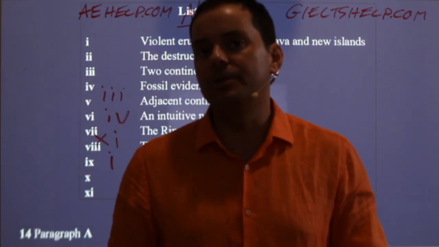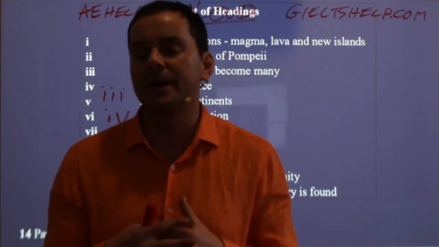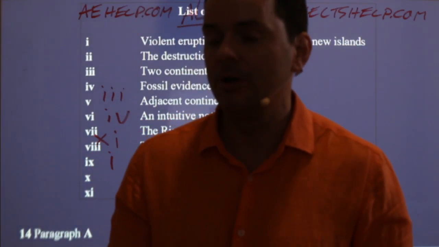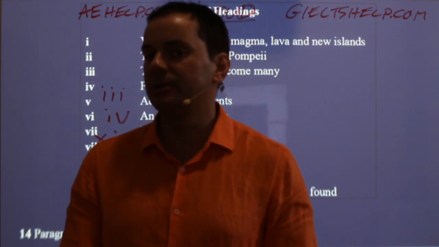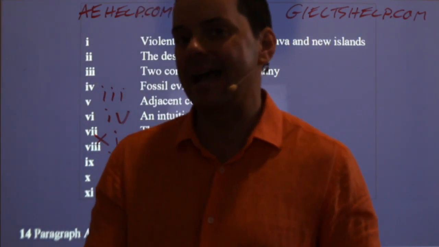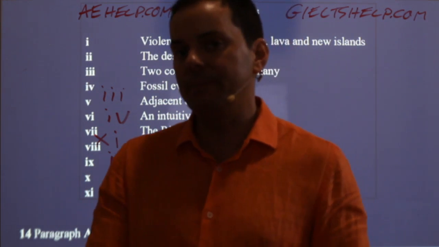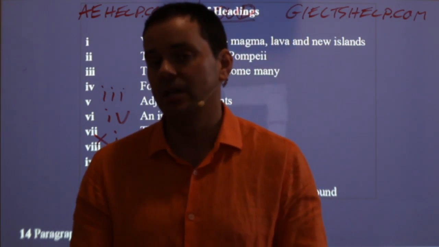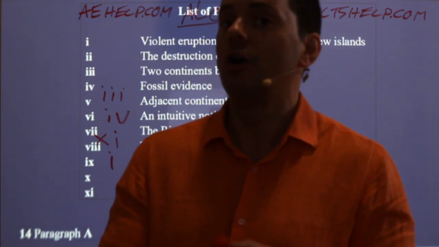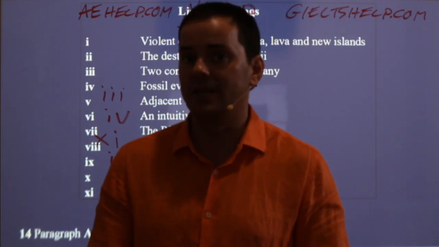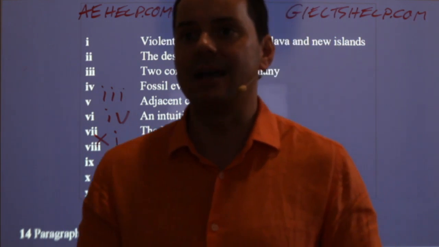The title of the paragraph is what the paragraph is about, not the why, not the how. Examples, explanations are why and how. The topic is the what. The topic here is volcanoes. The examples are Hawaii, Iceland, Pompeii, Mount Vesuvius. Those are just examples.